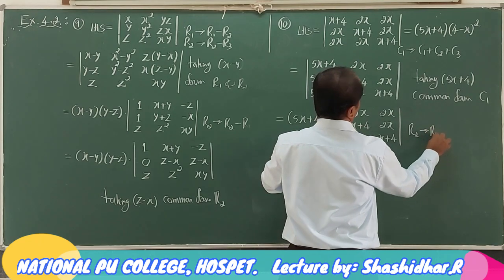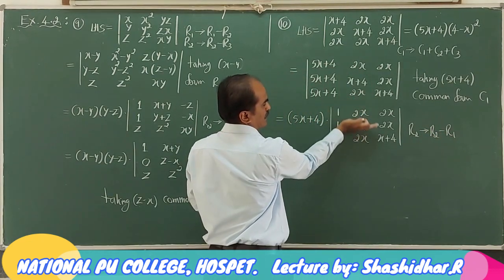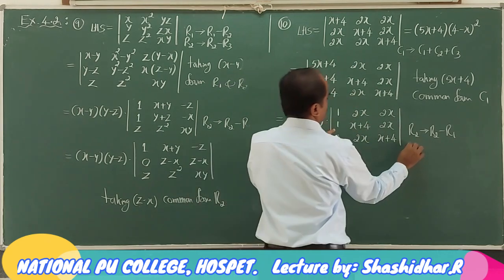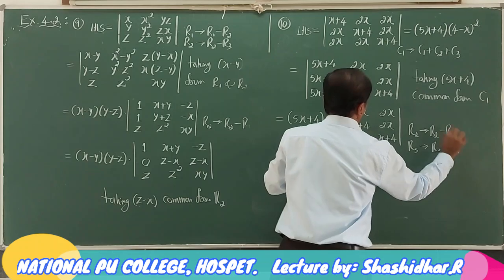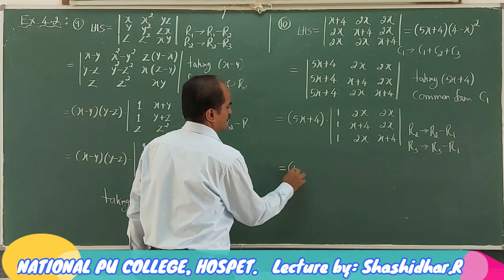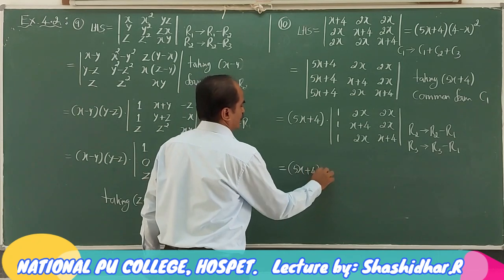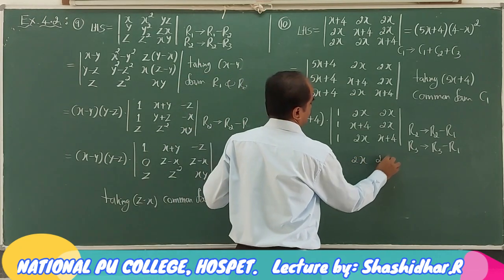Now I will write R2 changes to R2 minus R1, and R3 changes to R3 minus R1. By doing this, you are going to get 5x plus 4 into the determinant. I am not changing the first row, write it as it is.